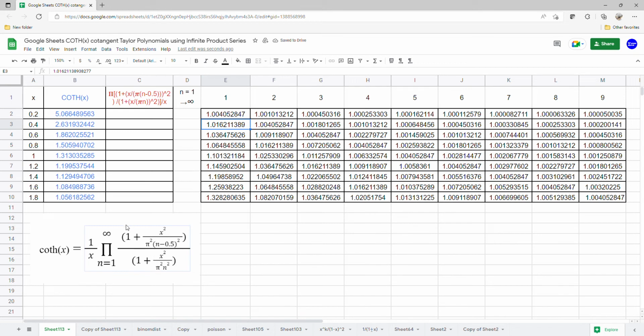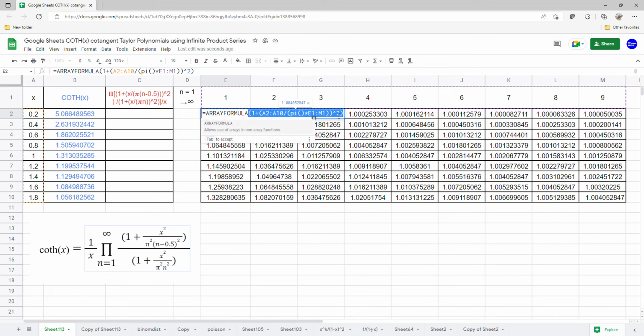We continue with the numerator. They're the same except that the value of n here is n minus 0.5. So we copy the denominator, paste it with Control V, and enter.